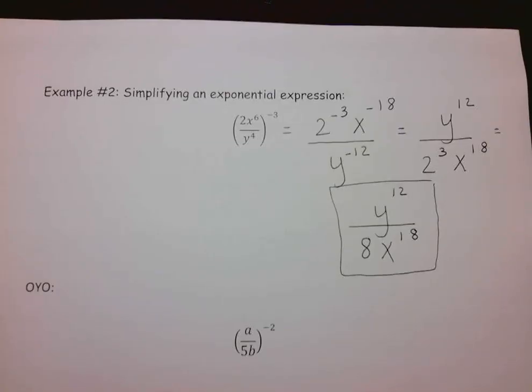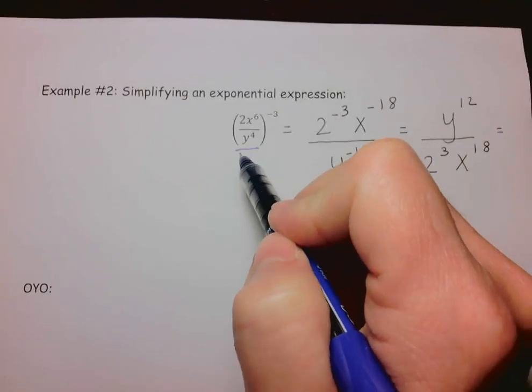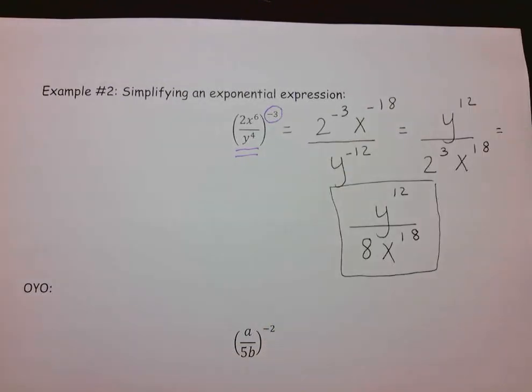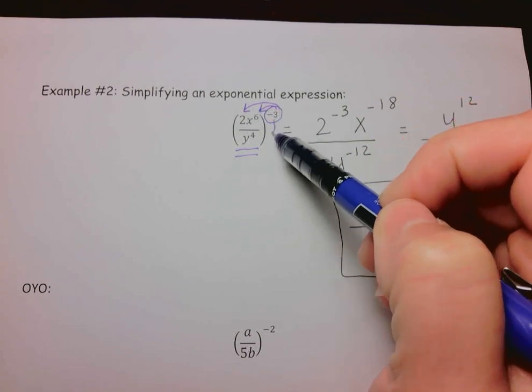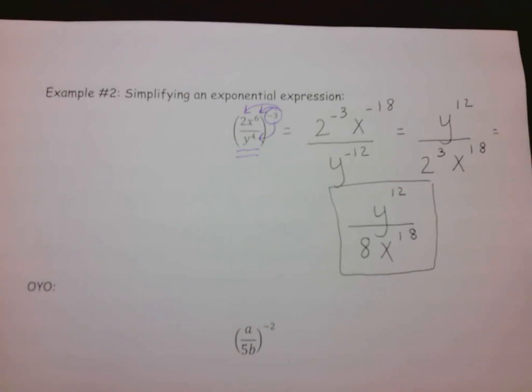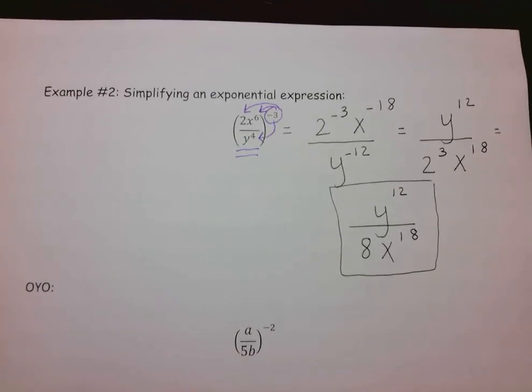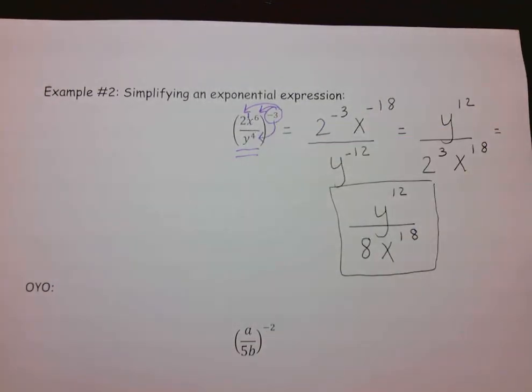Example number 2. Remember, this is saying that this entire thing is raised to the negative 3rd power. So I need to distribute this negative 3 to every exponent inside the parentheses. And remember what you do when you're taking a power to a power? You need to multiply the exponents together. And also remember that if there's no exponent written, the exponent is 1.